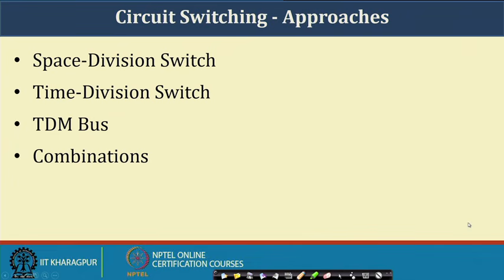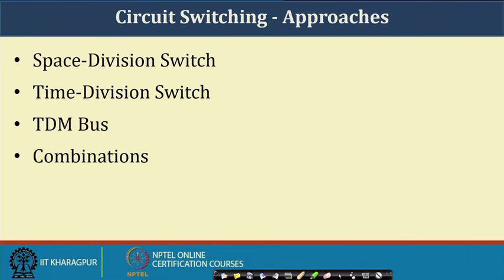Now, again if we come back to our circuit switching discussion, there are predominantly four basic types of approaches. One is the space division switch, another is the time division switch, another is the TDM bus, the time division multiplexing bus, and there can be combinations of these switching approaches.